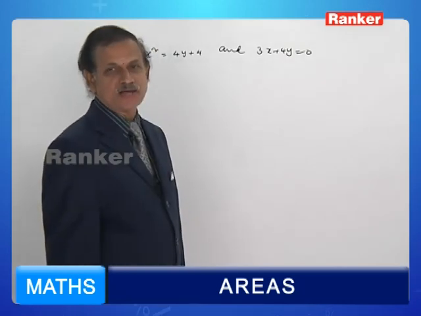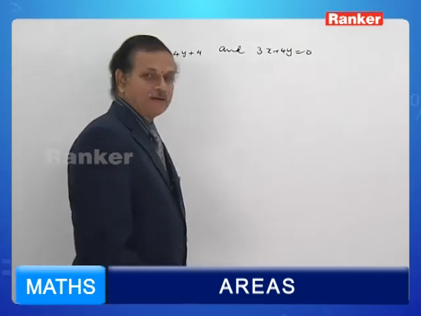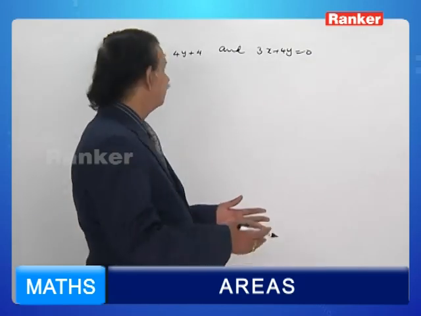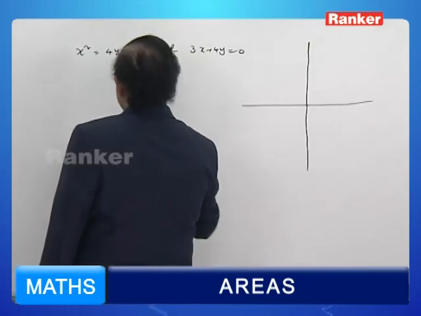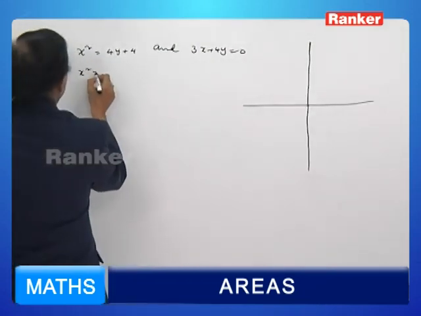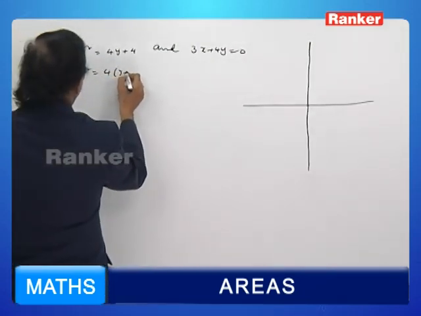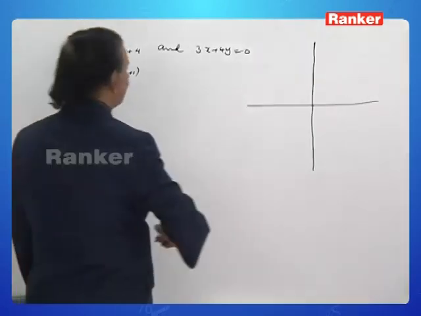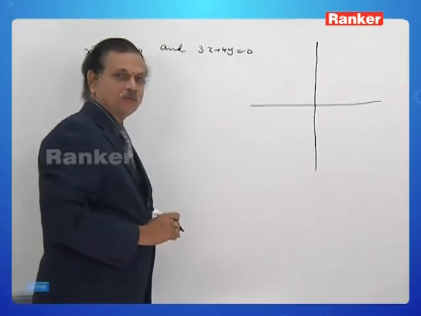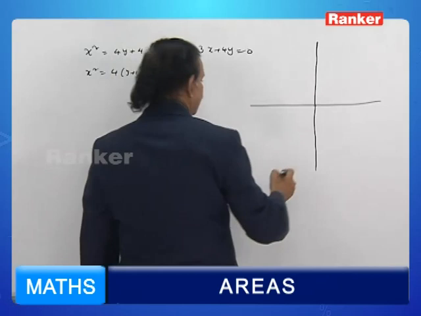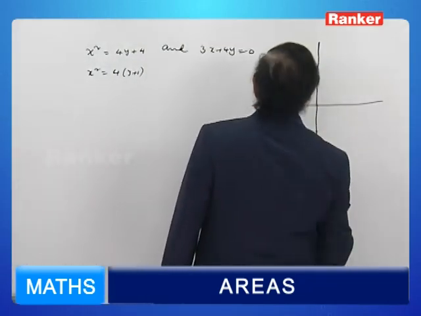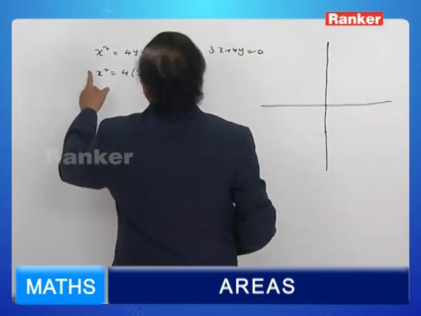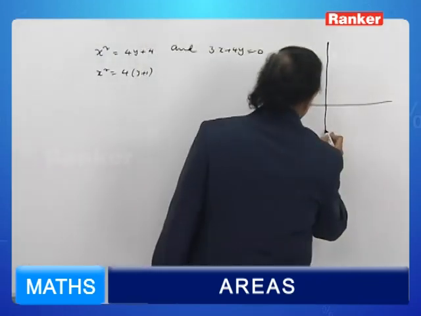Of course, it is a parabola whose axis is on y-axis, and this is x square is equal to 4 into (y plus 1). So that it has the vertex at 0 comma minus 1 and it meets x-axis at minus 2 or plus 2.